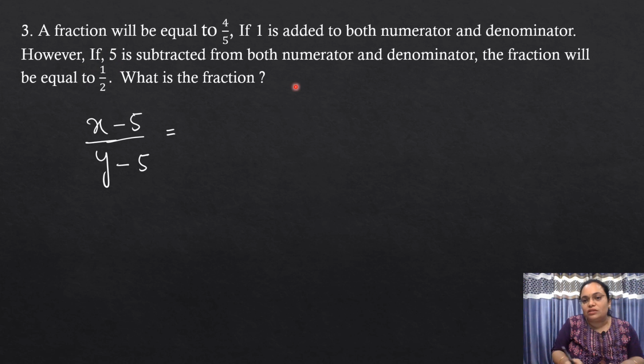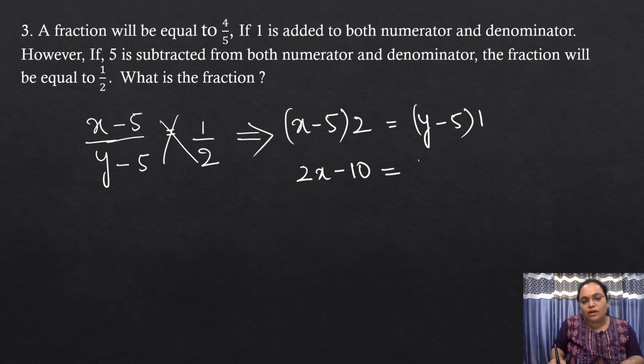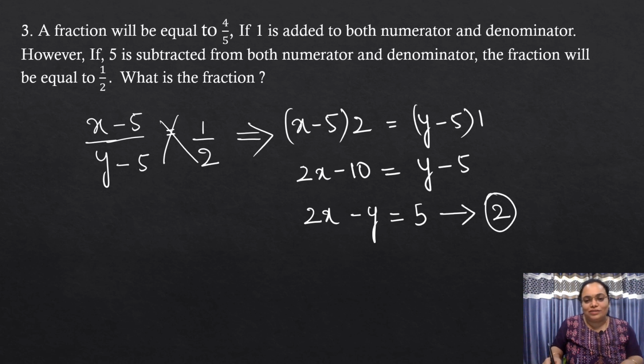The fraction will be equal to 1 by 2. Now again do cross multiplication and then find the equation. This will be x minus 5 into 2 equals y minus 5 into 1. 2x minus 10 equals y minus 5. 2x minus y equals 5. This is our equation 2.